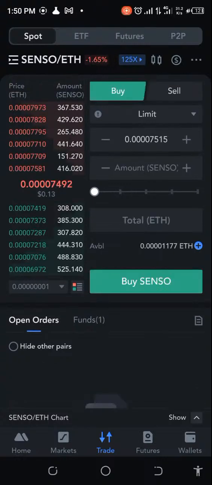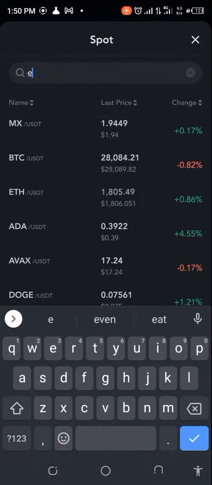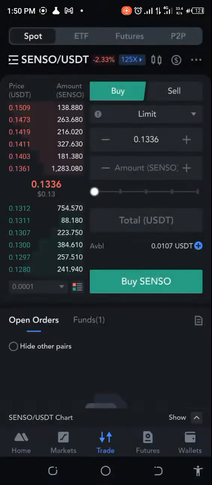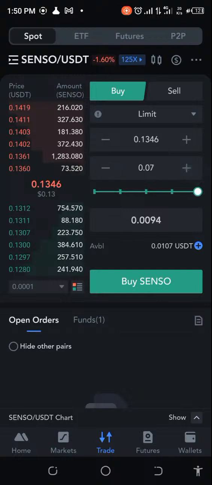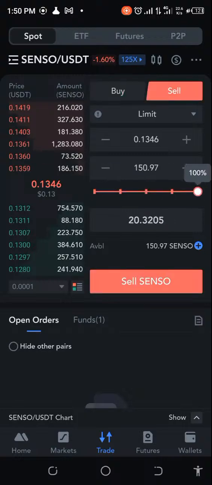Okay, so I'm back and it has already bought the Senso ETH, but I'm seeing something here. That Senso USDT is looking like it's really going low. If we have to sell, don't forget we started out with 20.32. Okay, it's looking like it's gonna give us back our money.